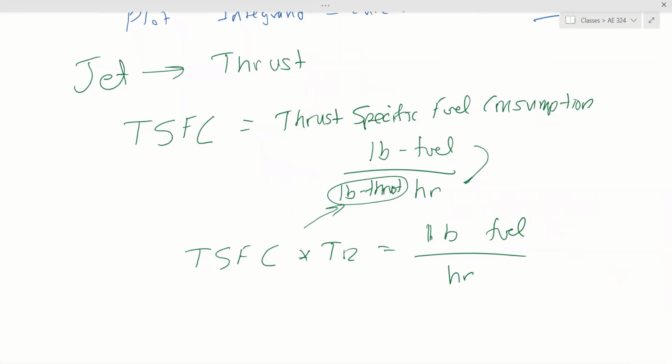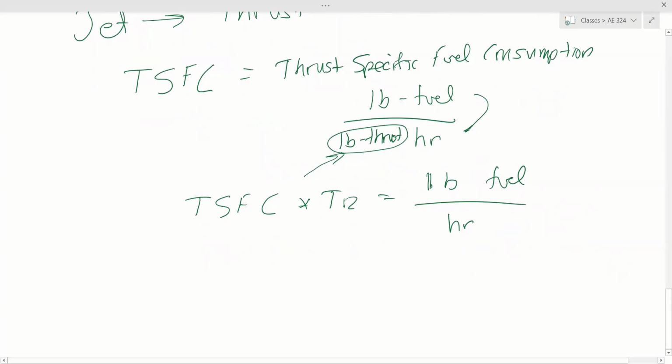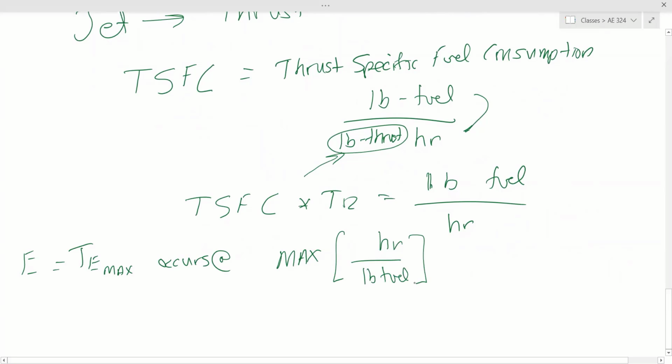You get hours per pound of fuel. So the endurance max occurs at a condition where you just maximize that. Max the hours per pound of fuel, and that gives you the most time in the air.